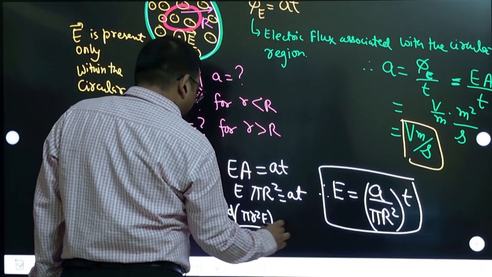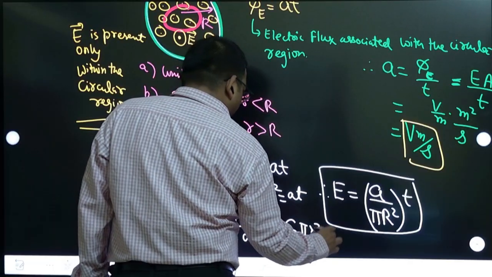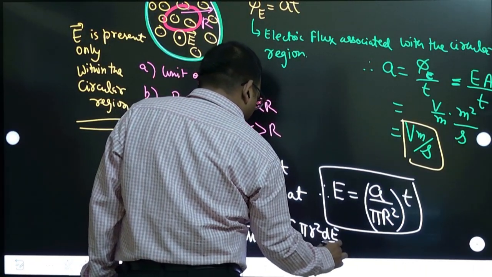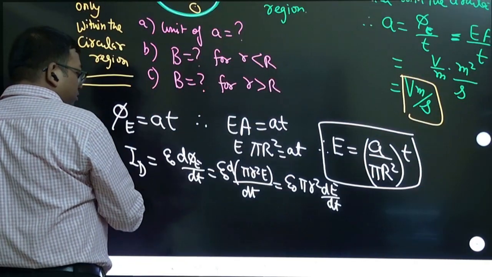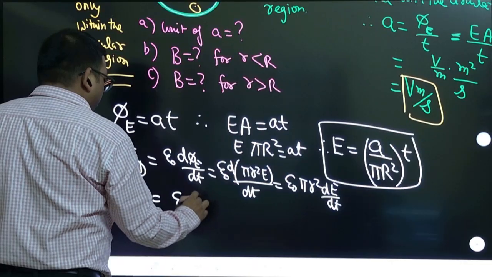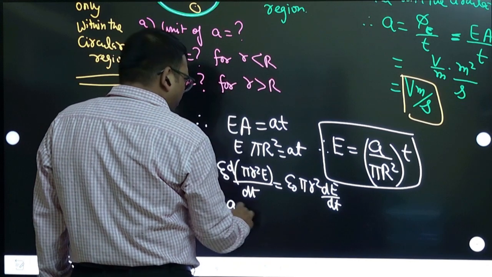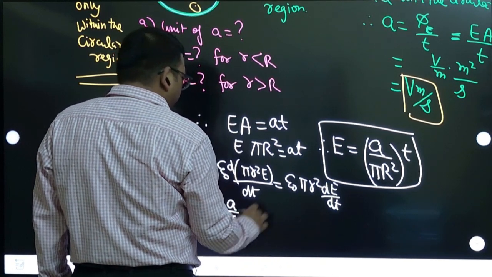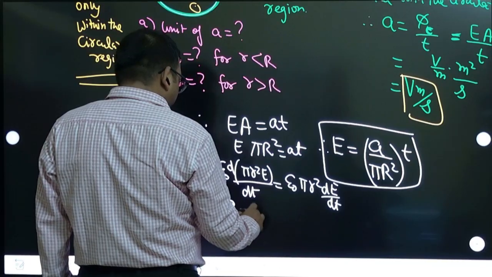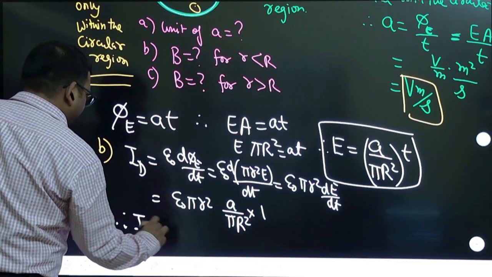So epsilon naught pi r square will come out, dE by dt you have to take. Now you will substitute dE by dt. So epsilon naught pi r square, differentiation of this you will do. So A by pi capital R square comes out. dt by dt is 1. So you get this as the displacement current ID.